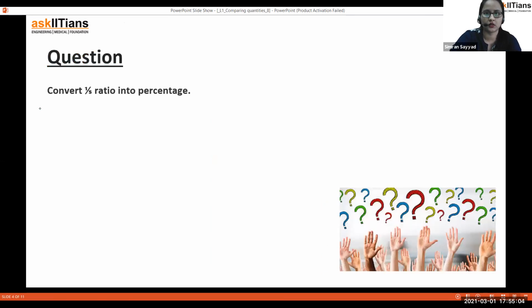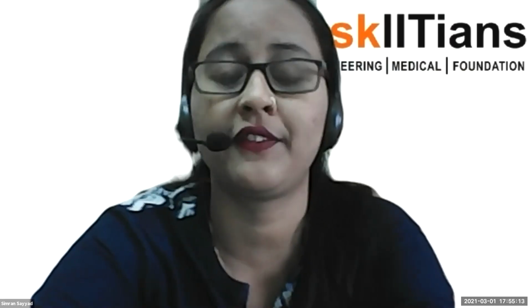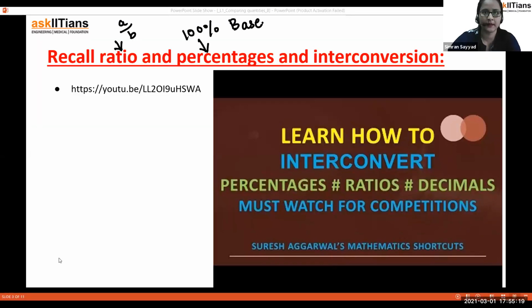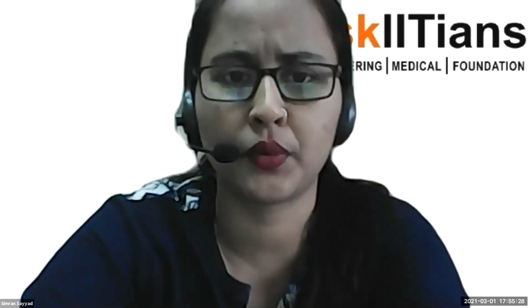Oh, wait. We will do one example where you can convert a ratio into a percentage. No, we'll first look at how you can convert a percentage into a ratio, and then we'll do the vice versa part. Okay. So, oh, wait, just a moment. I don't know why this is happening. Just give me one moment.